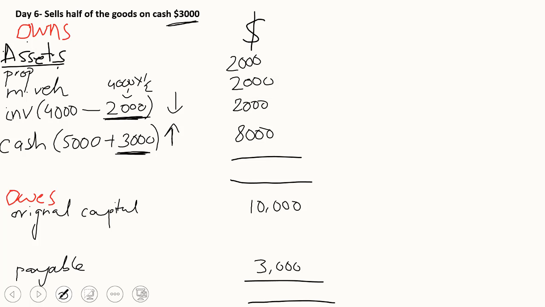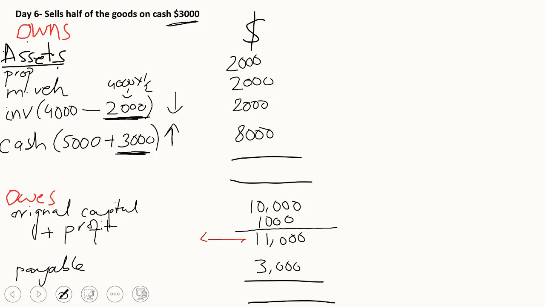But where will this profit go now? What increases capital? Remember, I told you what increases capital and what decreases capital. So profit increases capital. It will go here, 1,000. So this figure here, 11,000.